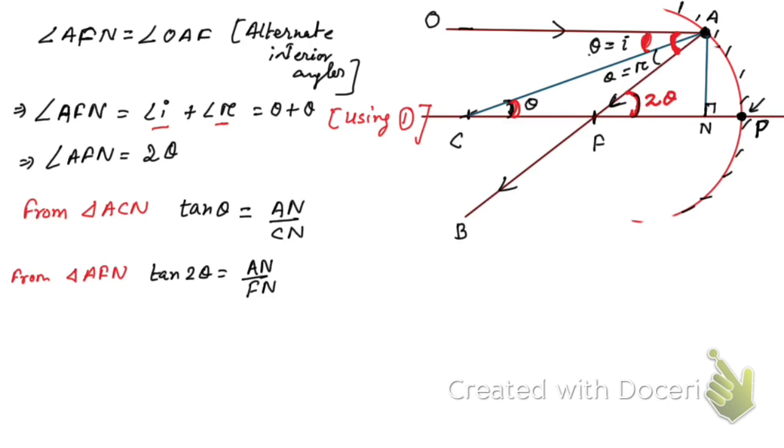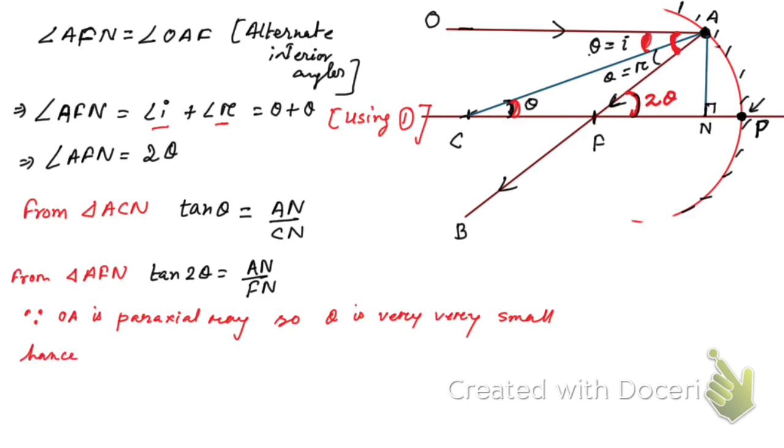So what we can write, since OA is a paraxial ray, theta is very small, hence tan theta is approximately equal to theta.